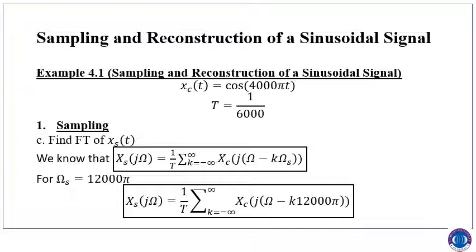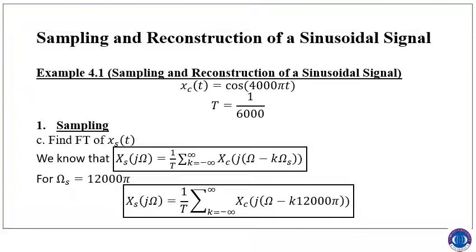So the copies of Xc(jω) appear at multiples of the sampling frequency. If k is 0, the first copy appears as it is in the original signal. The next copy appears at the sampling frequency when k is 1, and another at 2ωs when k is 2.